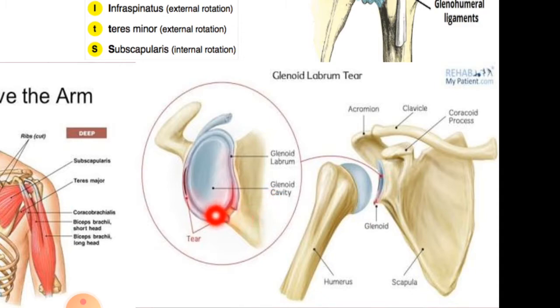If we zoom out, you can appreciate a rim of fibrocartilage that is covering this glenoid cavity, and we call it the glenoid labrum. The function of the glenoid labrum is to deepen the glenoid cavity.